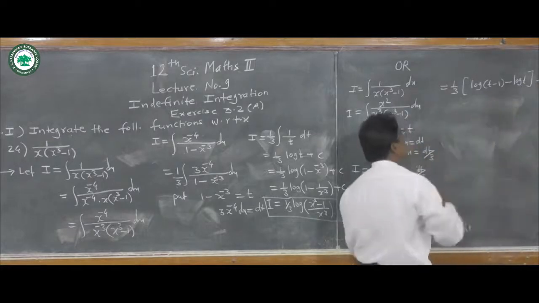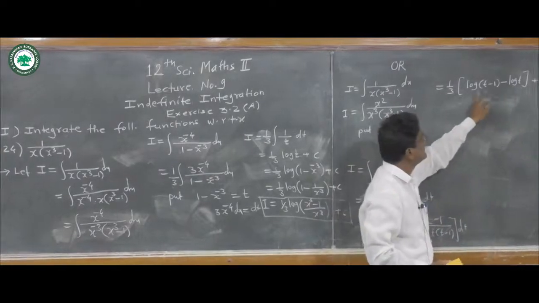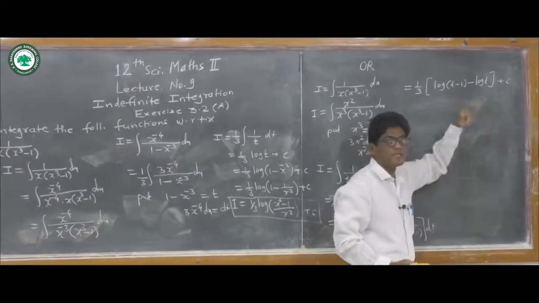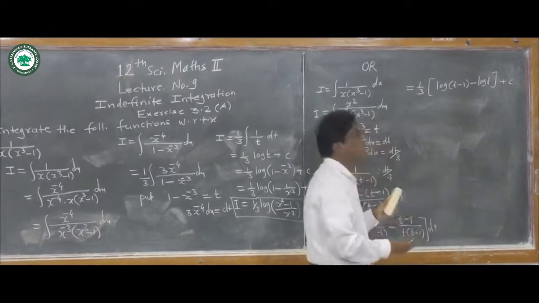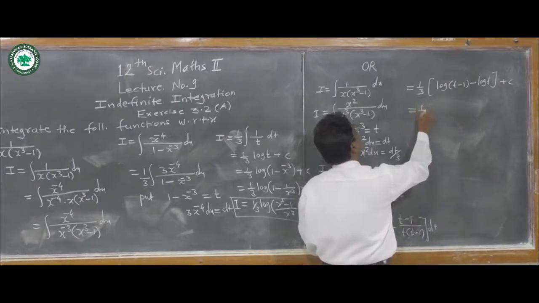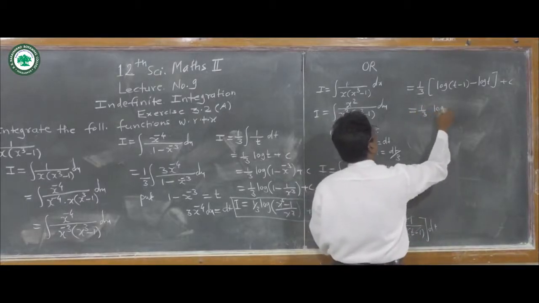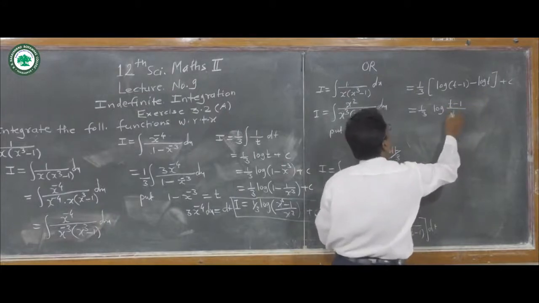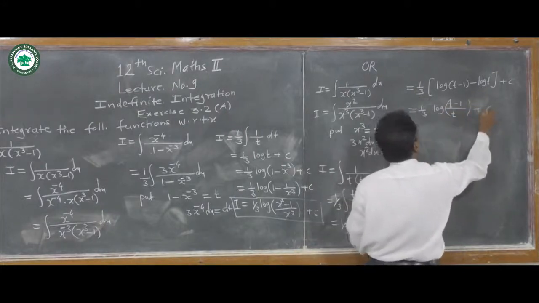And now we use the rule of logarithm, log a minus log b is equal to log of a upon b. So 1 upon 3 into log of t minus 1 upon t plus constant of integration.